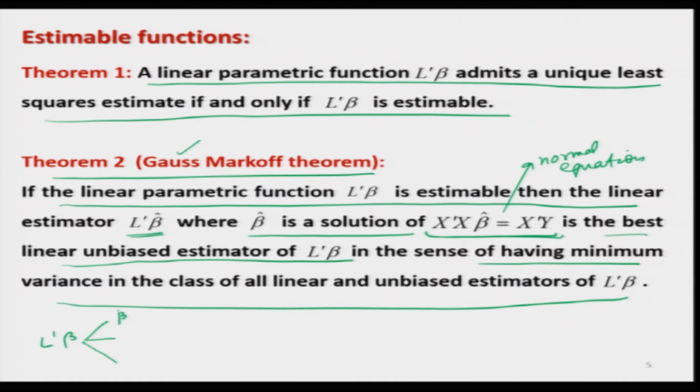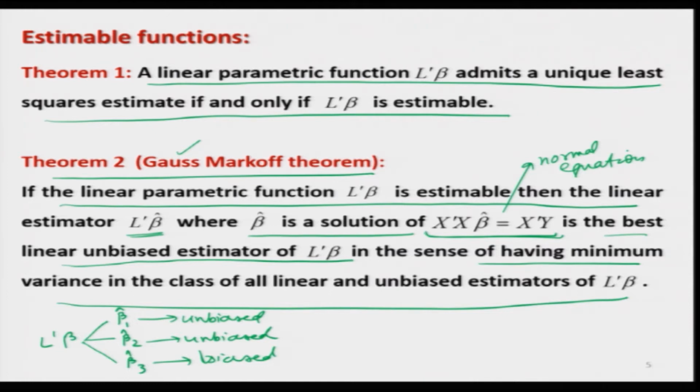Suppose I have 3 estimators, beta 1 hat, beta 2 hat and beta 3 hat, obtained by different estimation procedures, and they have different forms. I first find out which of the estimators is unbiased. Suppose beta 1 hat is unbiased, beta 2 hat is also unbiased, and beta 3 hat is a biased estimator of beta.